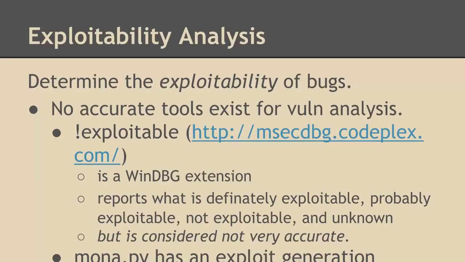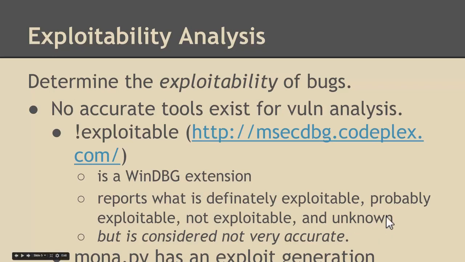So exploitability analysis, it's important to note that no accurate tools for automating this exist. This got cut off, but mona.py and !exploitable, I believe, is a WinDbg extension. It reports whether it's definitely exploitable, probably exploitable, not exploitable, and then unknown is unable to make a determination.